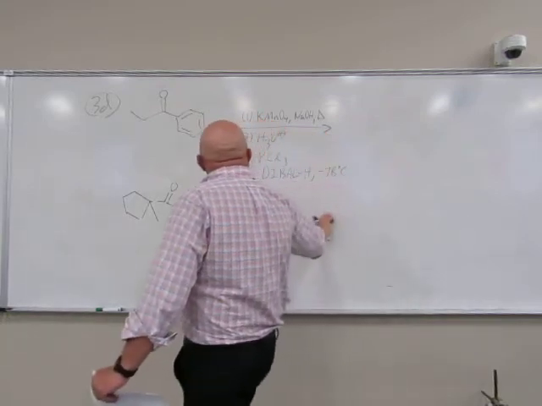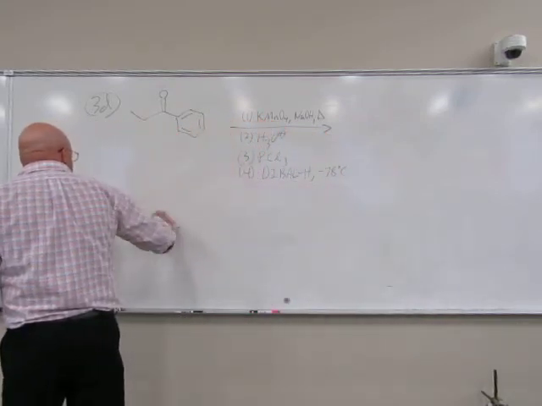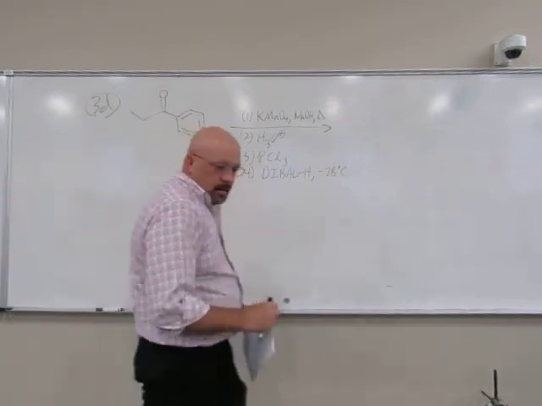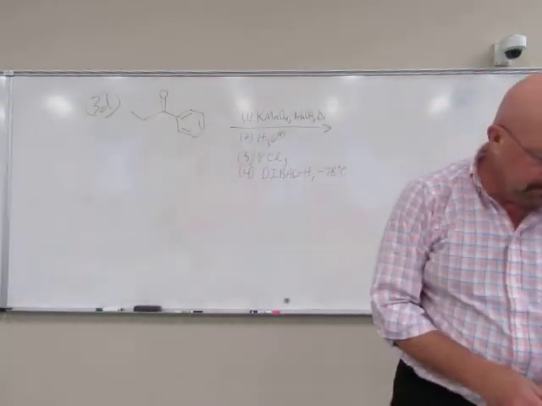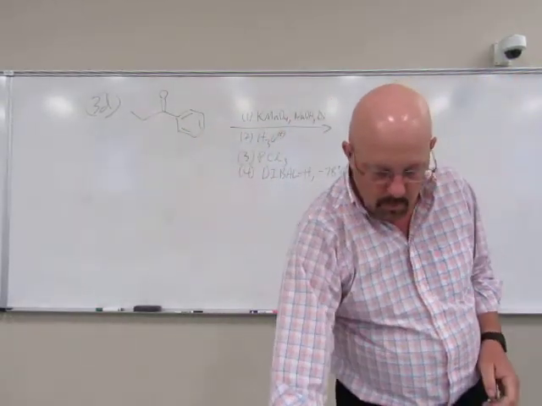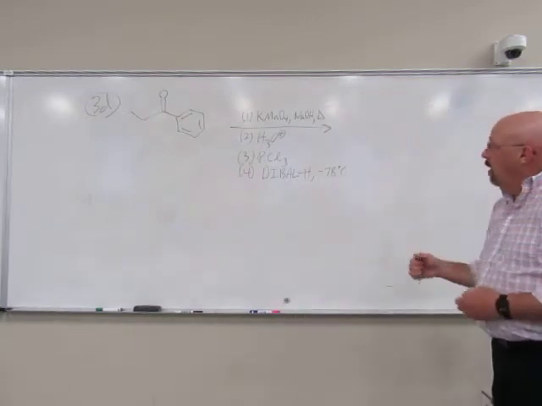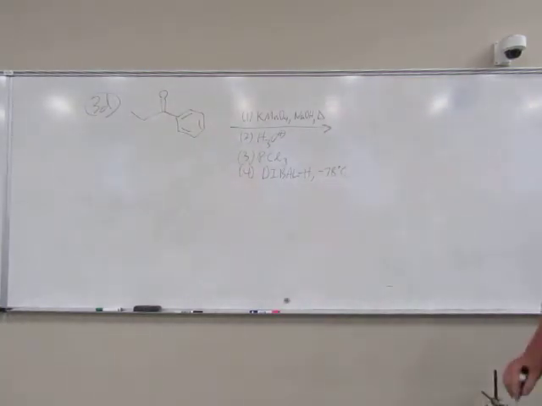Okay, looking at our next one here. Let's just take it step by step. First step, we have hot potassium permanganate. That is going to oxidize the benzylic carbon.